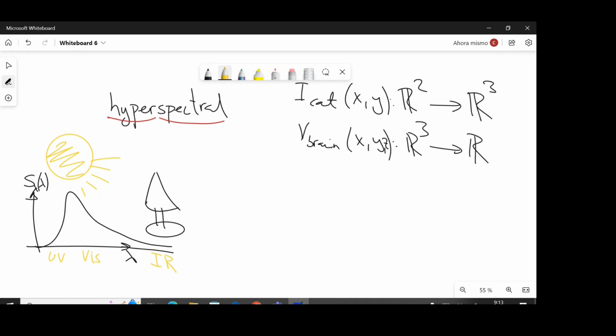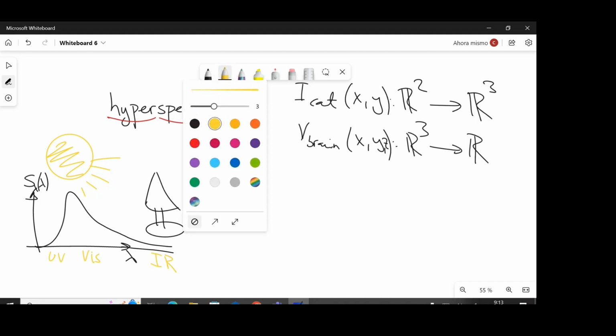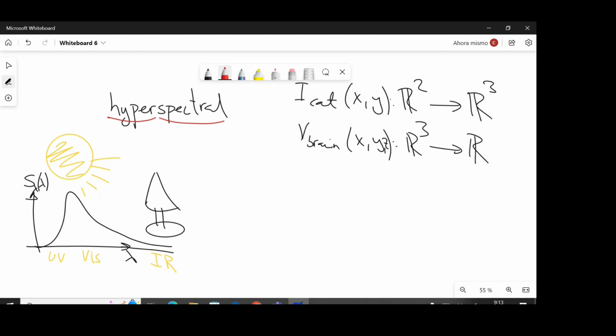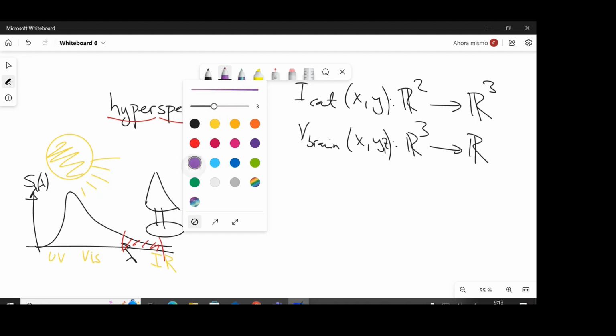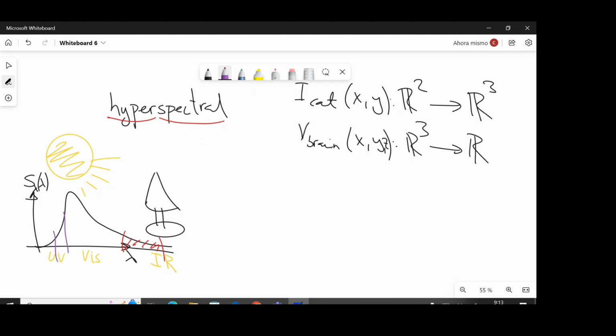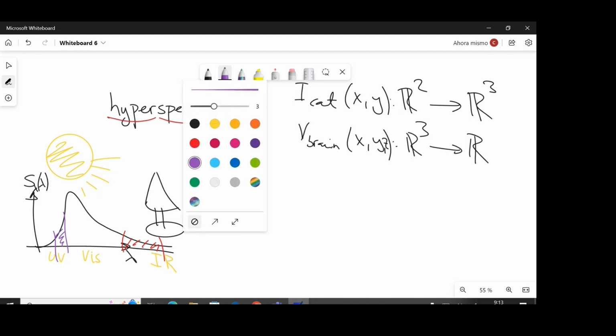Okay, but now, actually that means this spectrum means you have photons of all these different kinds of lights. So all these I will put like this. And then ultraviolet, I will use violet. Use like this. And visible, I will use green.